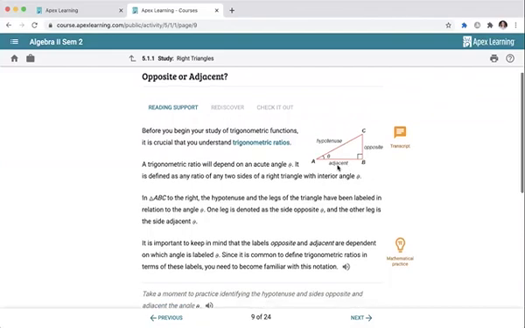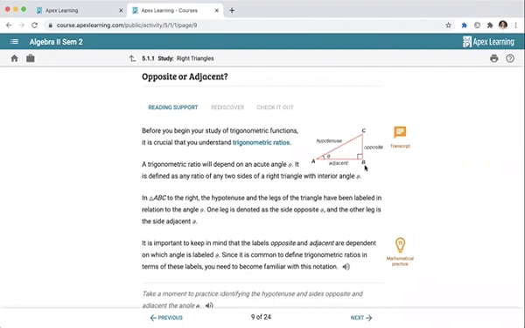If we look here, this little symbol, remember, means theta, and that stands for our unknown angle. So theta here is the angle that we're looking at. If we're looking at the sides of our triangle, this one is still our hypotenuse because it's across from our 90 degrees.